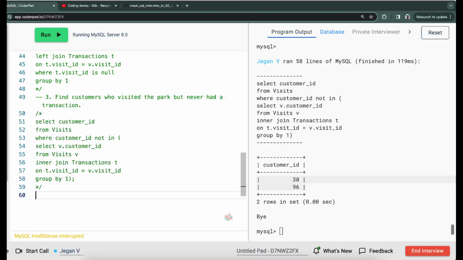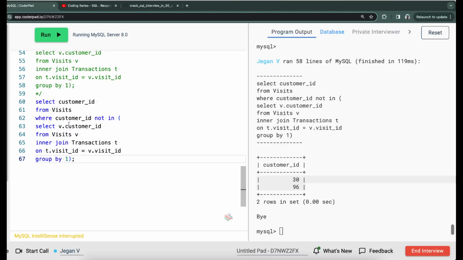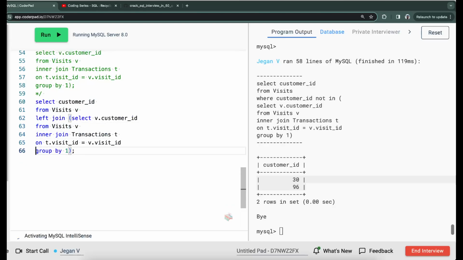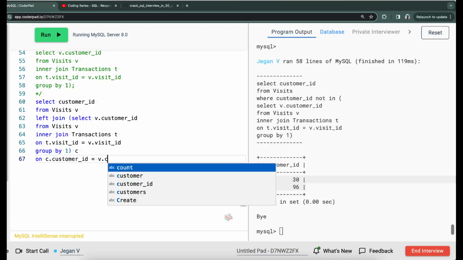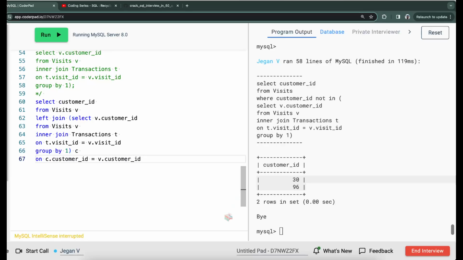We are familiar with the left join now. Let's change this into a basic left join. So from visits V, we use left join, and we take this table as customer C on C dot customer ID equal to V dot customer ID. Here we have distinct customers who have a transaction, and then we have all the customers here.